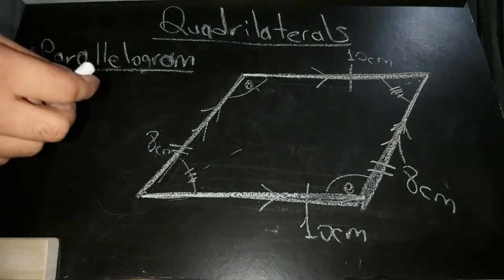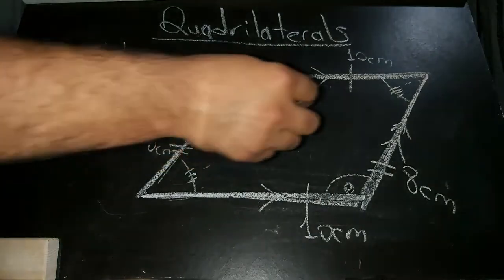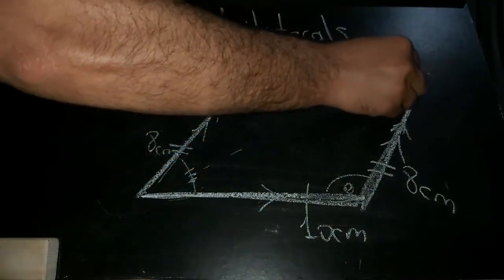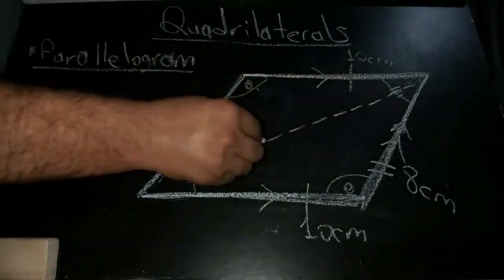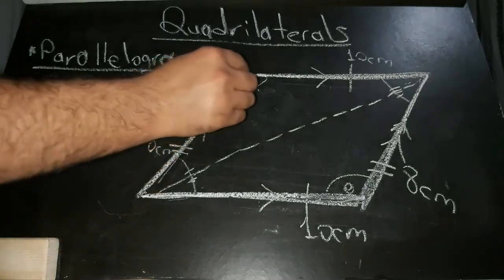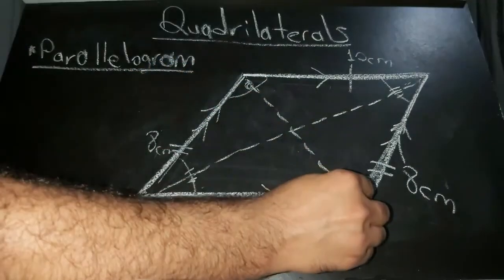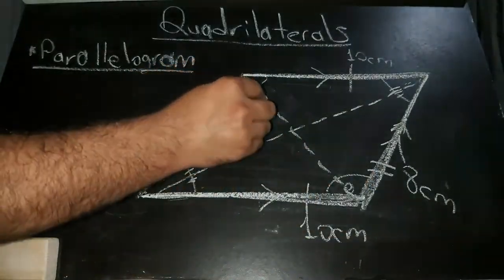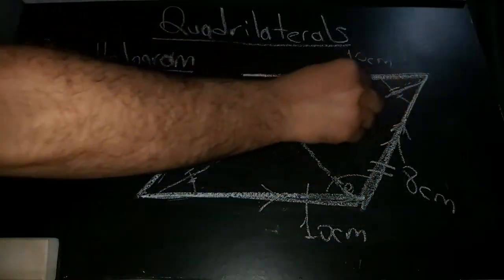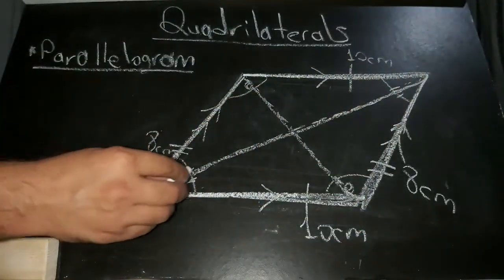The other property is that when you draw a diagonal from there to there, and this diagonal, important, ladies and gentlemen, I draw my diagonals.